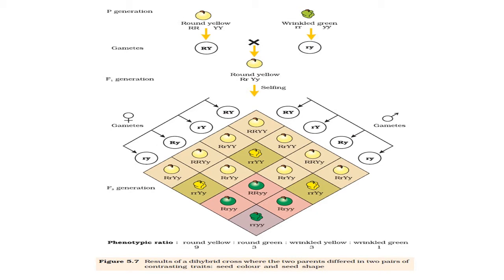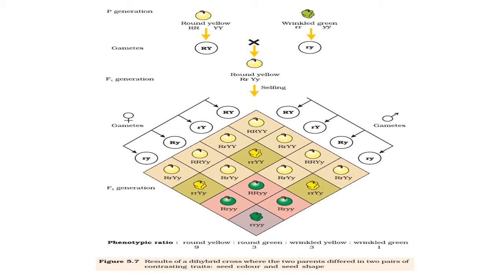For round, the allele responsible is capital R, for yellow capital Y, for wrinkled small r, and for green small y. So round is dominant over wrinkled and yellow is dominant over green. In the P1 generation, one parent was capital R capital R, capital Y capital Y, and the other was small r small r, small y small y.